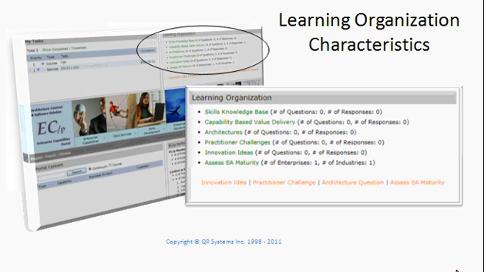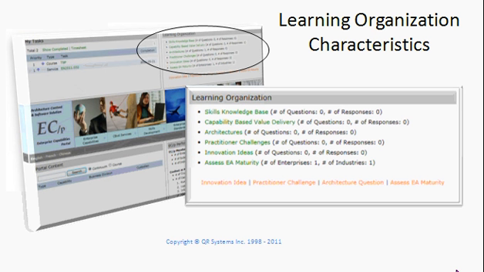This is where the organization can issue a practitioner challenge to look for solutions to specific problems. Innovation ideas is where anybody in the organization who has an idea for how to improve a capability can submit it, and these eventually lead to the definition of architecture requirements for those specific capabilities.